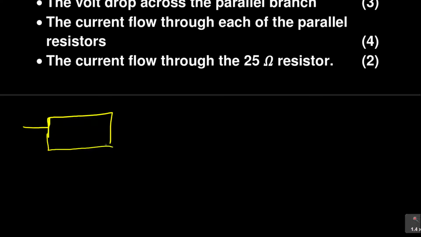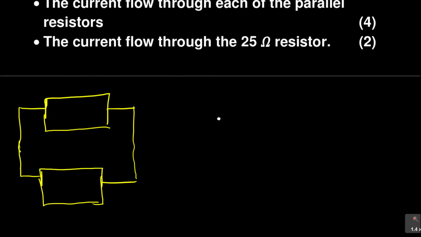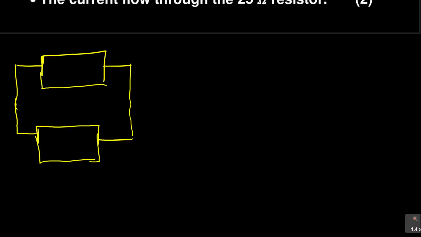So we have this resistor which is connected in parallel like that. So this is a parallel combination. I will explain why this is a parallel combination. Okay, so that's what we are having. I'm just struggling to draw a straight line, but it's fine.